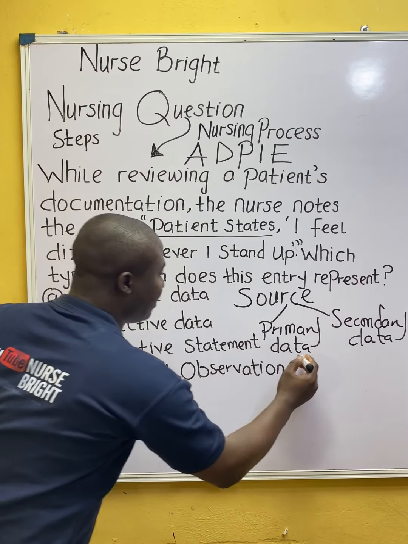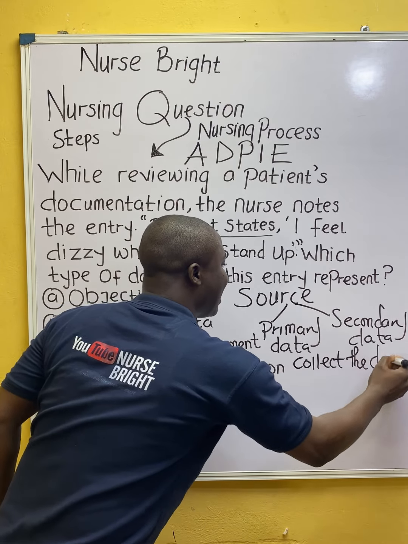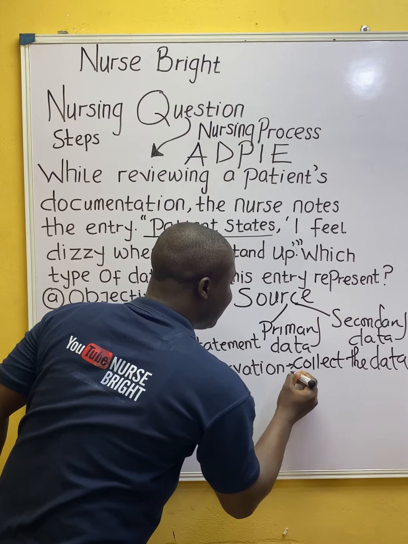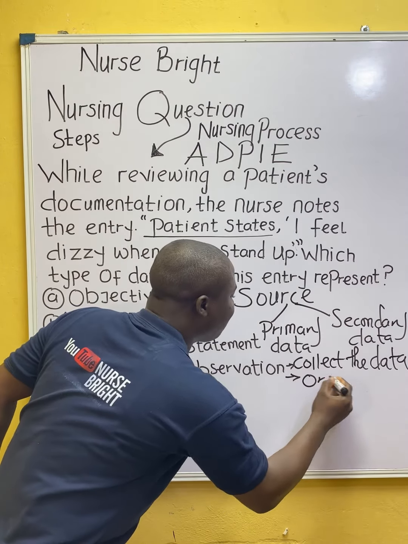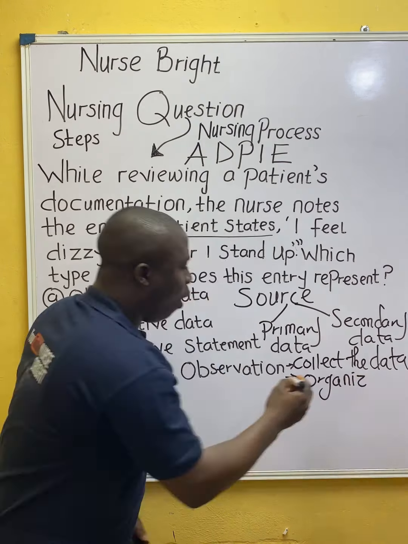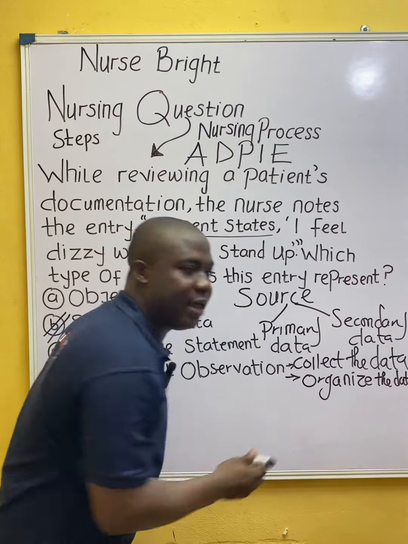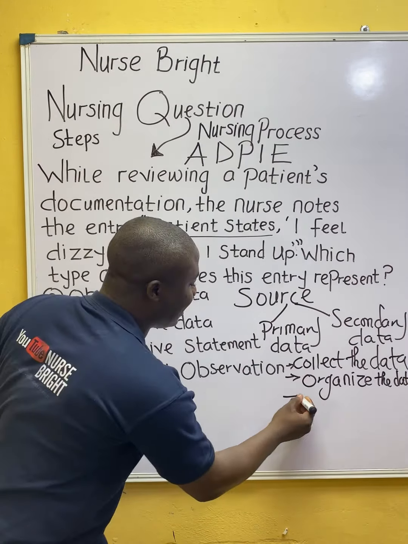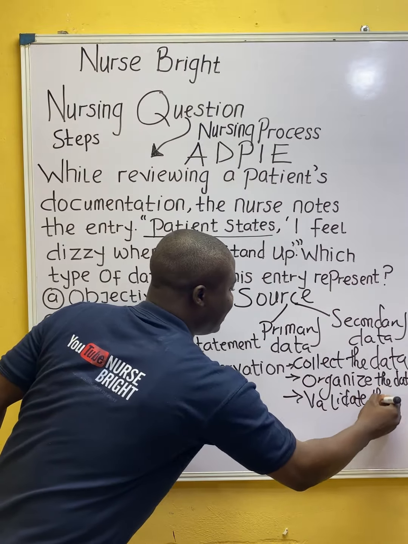So I just said that the first step is to collect the data. The next step is what we call organize the data. After collecting the data, you then organize the data. After organizing the data, you validate the data.